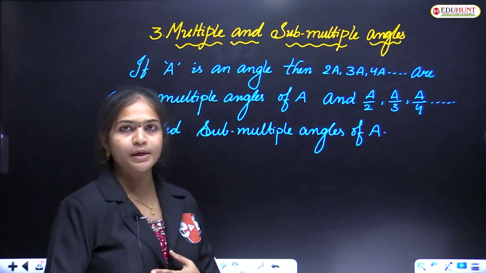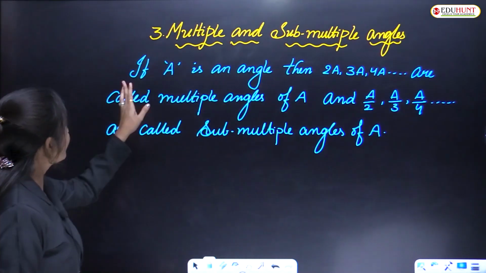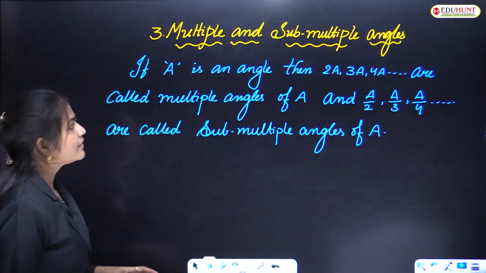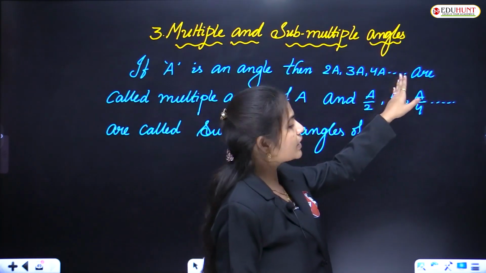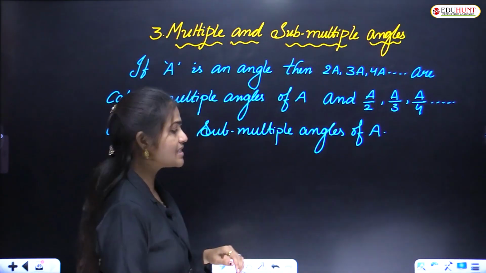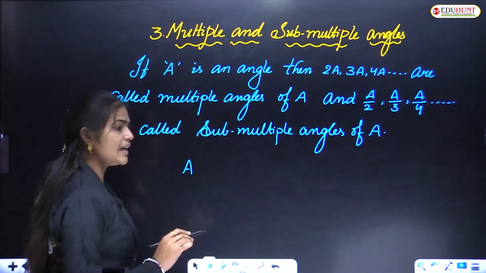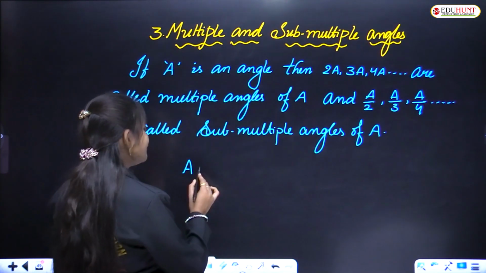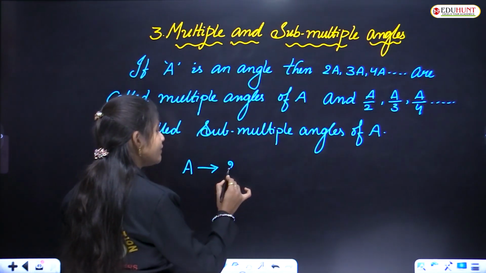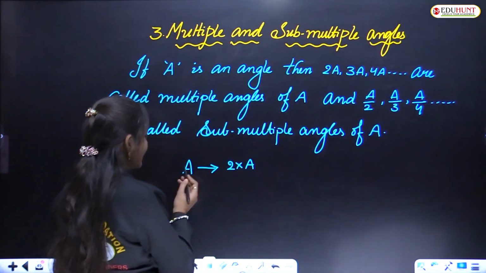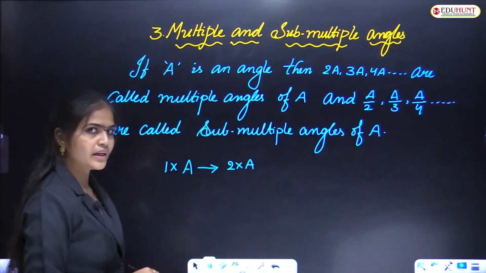So what about multiple and submultiple angles? See here. If A is an angle, then 2A, 3A, 4A and so on. For example, here A is any angle, whatever it may be. If this angle is multiplied by 2, already A is there, which means this is 1 into A, no?